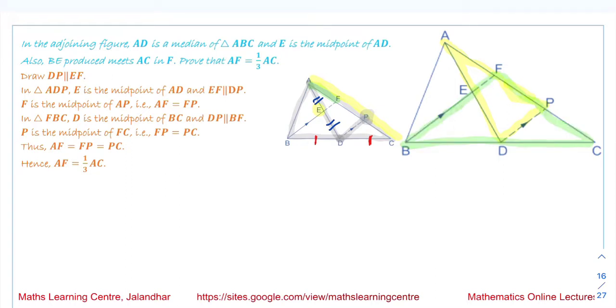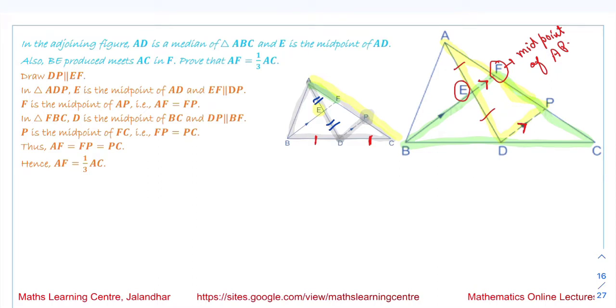So when we are talking about the triangle ADP, we know that E is the midpoint, and by construction we are saying these two lines, EF and DP, are parallel to each other. So this gives us that F is the midpoint of AP. You get that F is the midpoint of AP.